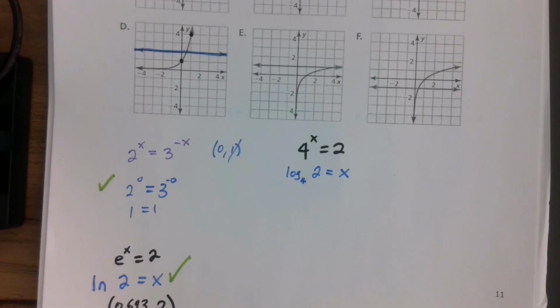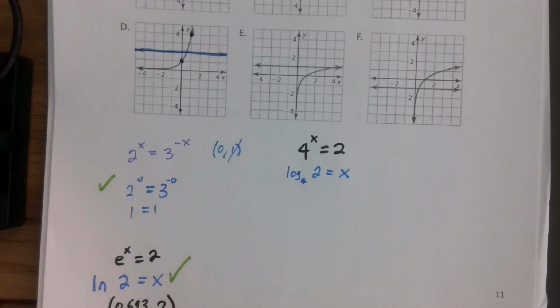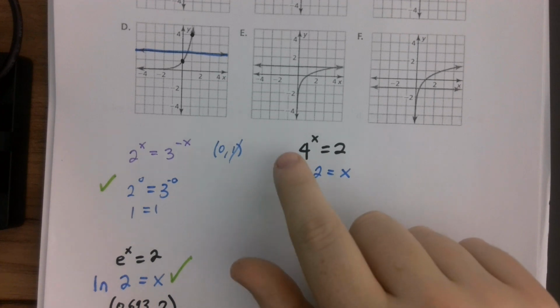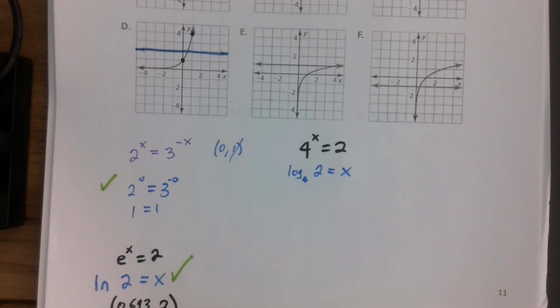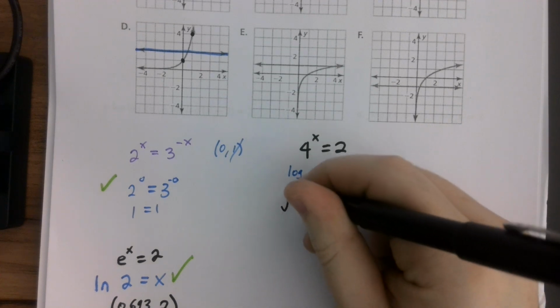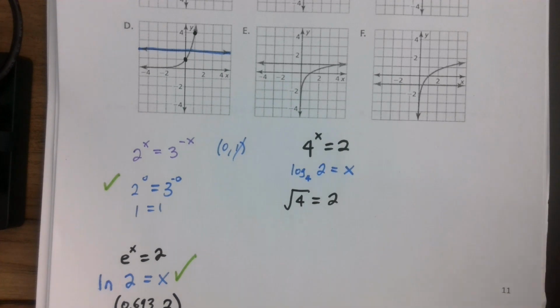Hang on a second. Before we go and plug this into our calculators and solve, I wonder if we could solve this one on our own. Because think about it. 2 squared is 4. So 4 to what power would bring us back to 2? Well, the square root of 4 equals 2, but how would we write a square root as an exponent?